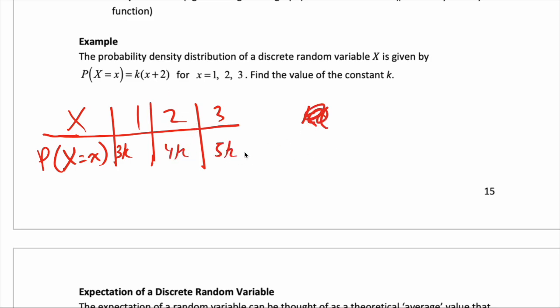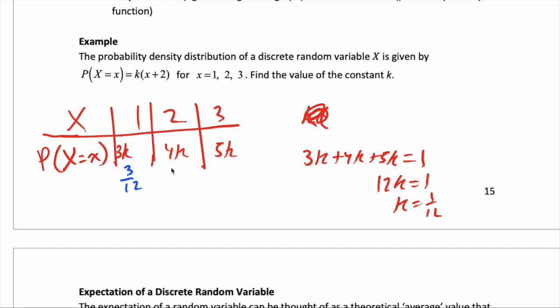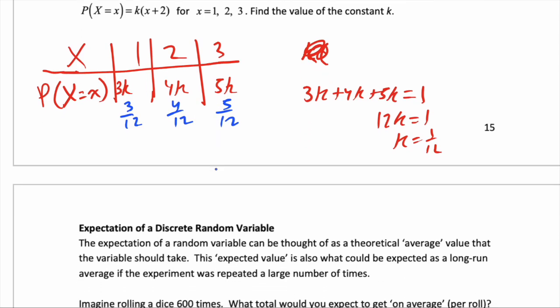So we can add them together: 3k plus 4k plus 5k equals 1, and we get 12k equals 1. K equals 1/12. So then the probabilities are 3/12, 4/12, and 5/12, which makes sense. They all add up to 1.